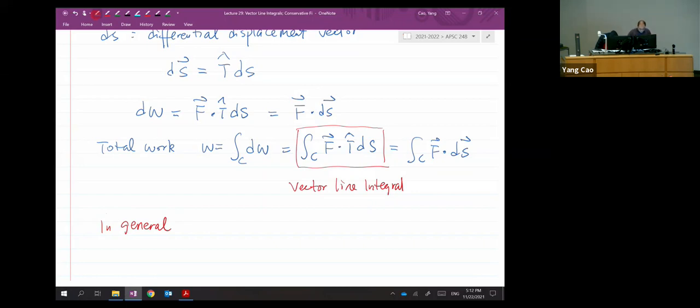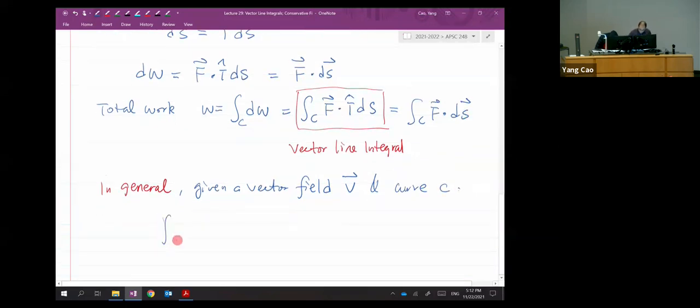In general, given a vector field V and a curve C, you can simply write down the vector line integral like that. Mathematically, for any given vector field and any curve C within that vector field, you can always write down the general vector line integral formula like this.